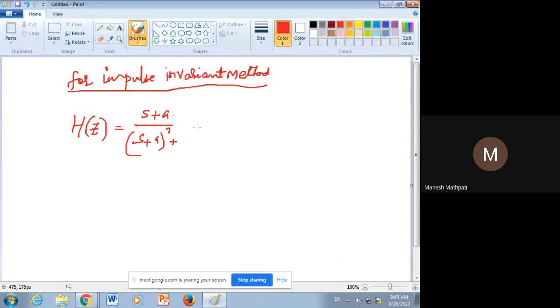Okay. Now, for this impulse invariance method, if your standard form is like this, then we are writing it like this.